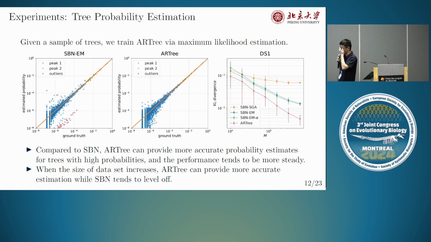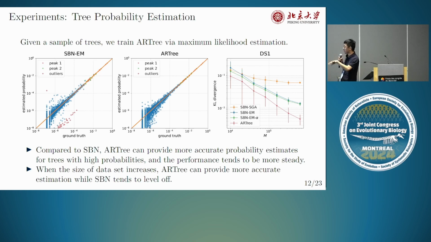Compared to SBN, we see that AR tree can provide more accurate probability estimates for trees with high probabilities, in the high probability zone. Also the performance tends to be more steady because it does not have these outliers like SBNs. That's because AR tree has fewer constraints in the modeling space.